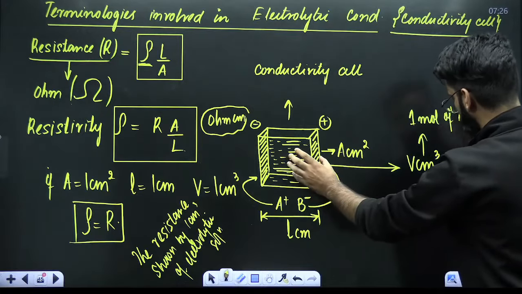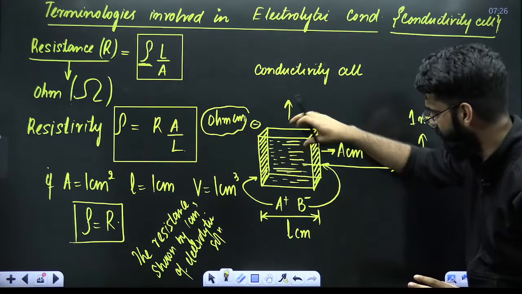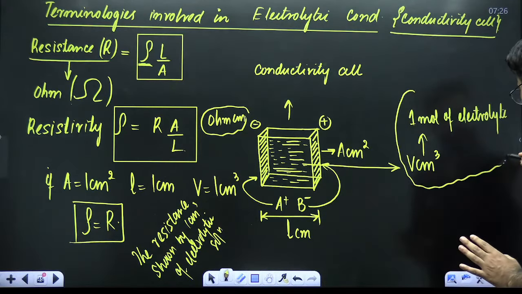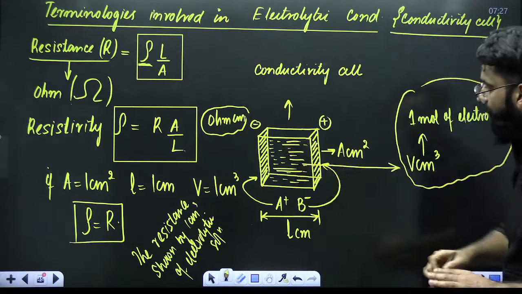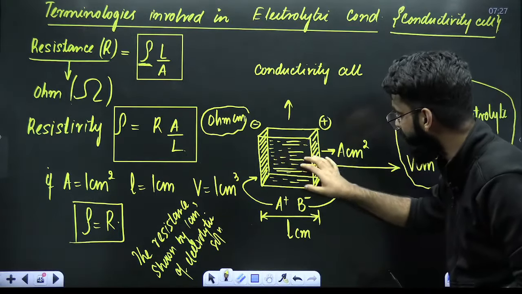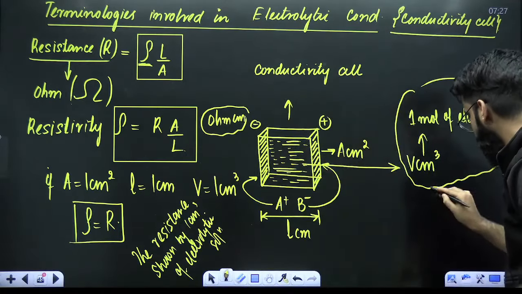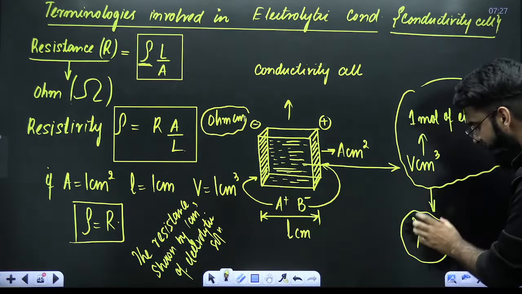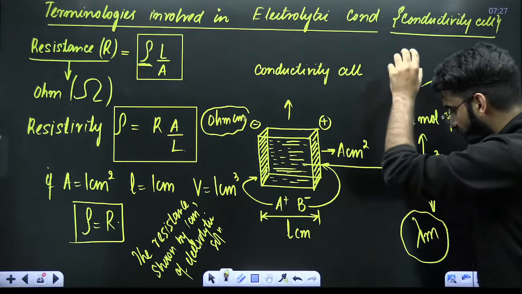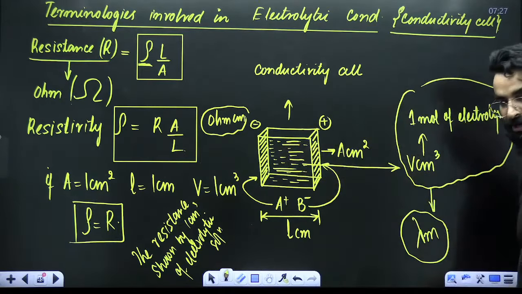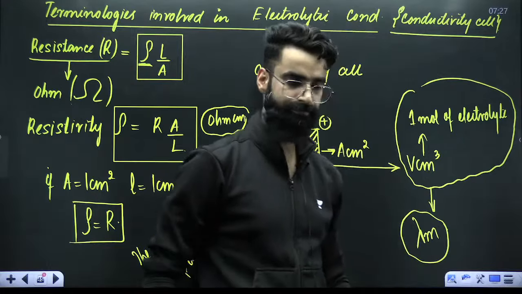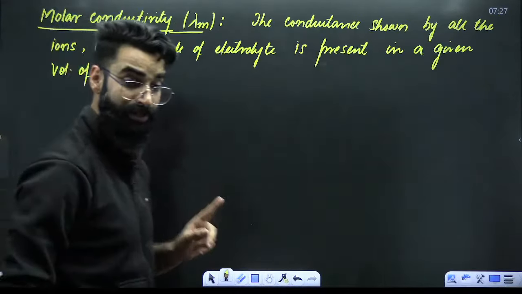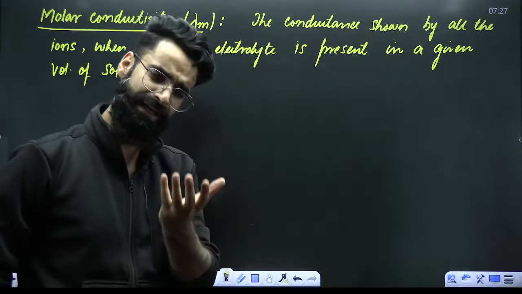Whenever 1 mole of electrolyte is present in a given volume of solution, the conductance shown by all the ions at this point is what you call molar conductivity. So molar conductivity is the conductance shown by all the ions when 1 mole of electrolyte is present in a given volume of solution.